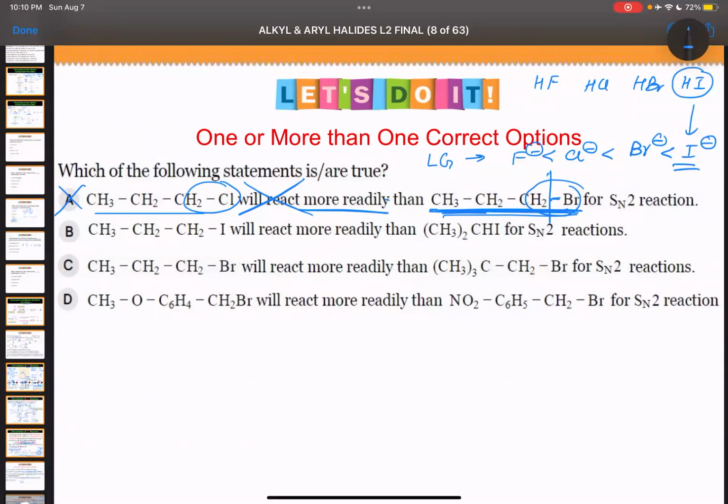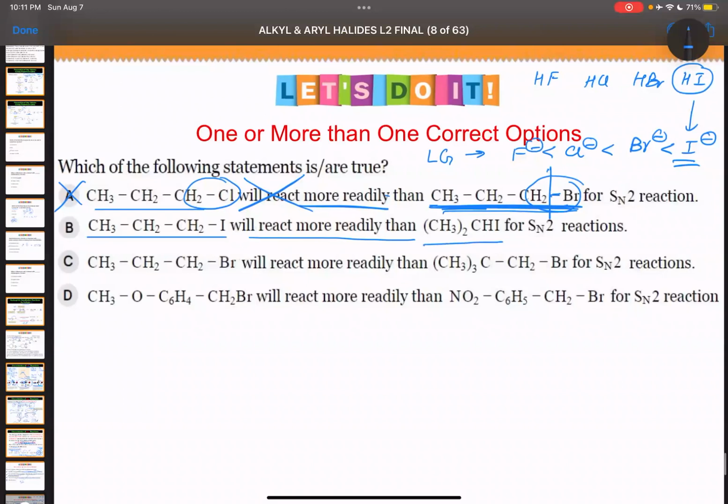The next thing is this: n-propyl iodide, normal propyl iodide, will react more readily than isopropyl iodide, which is a secondary compound, for SN2 reaction. Is this correct or incorrect? Incorrect. Just think about it. This one will react more readily. I will draw them again separately.